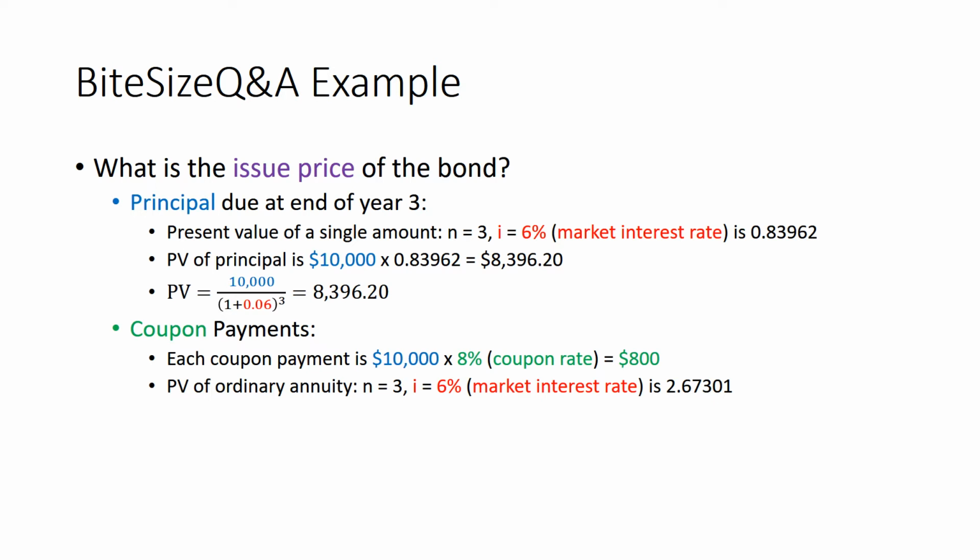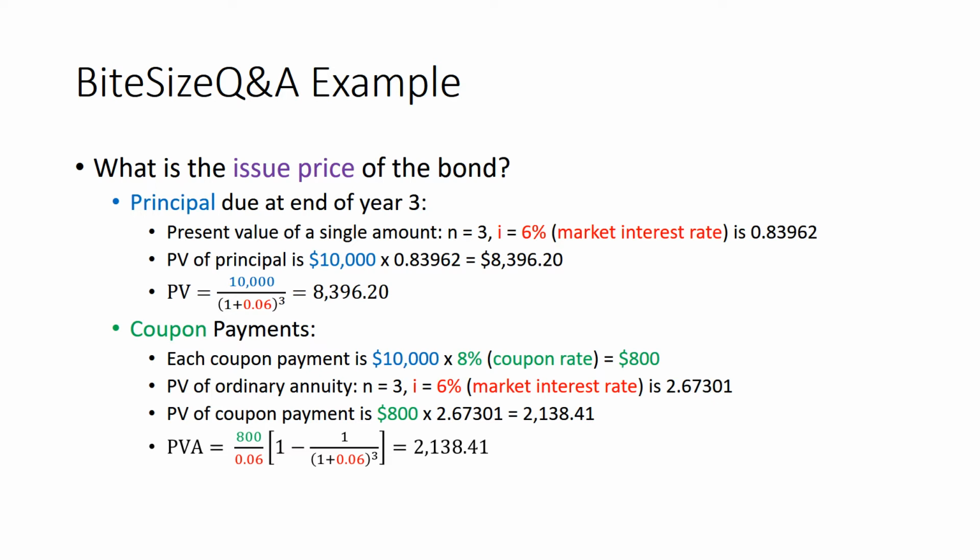And we would find that for the number of periods equals 3 and the interest rate being 6%, the factor would be 2.67301. So present value of the coupon payments is $800 times 2.67301 or $2,138.41. We can also use the present value of an ordinary annuity formula and find the same number.